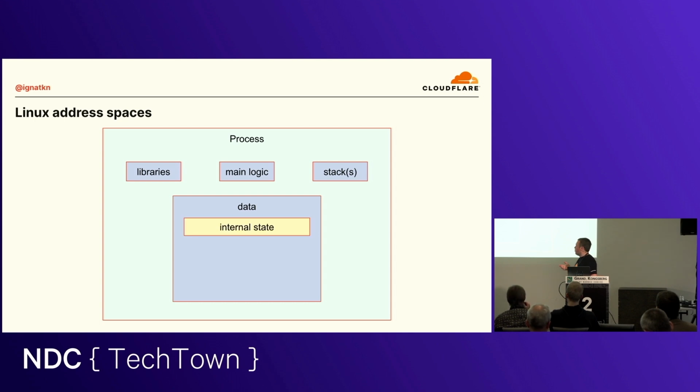First of all, you can have your internal state. You write your code, you have some data structures, and during the course of the application you change some variables. This is your internal state. You can also have user or customer data in your data section if your service processes some external input.